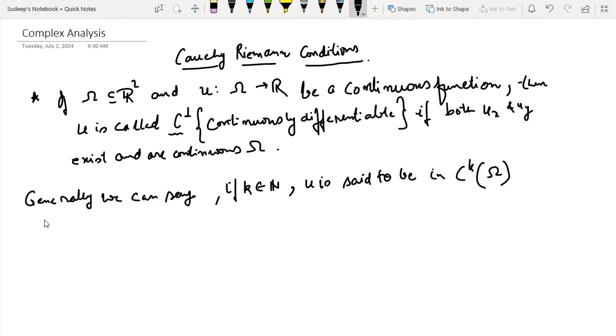I would write it here in English: k times continuously differentiable functions.